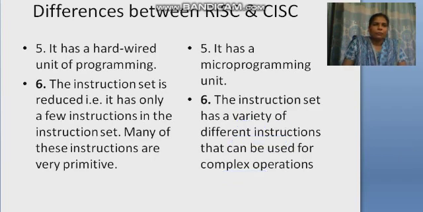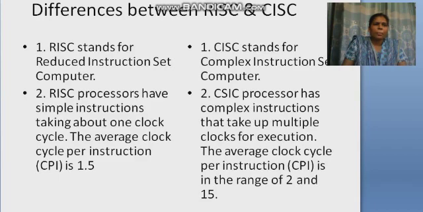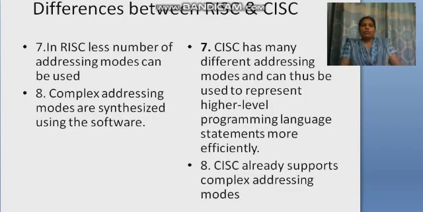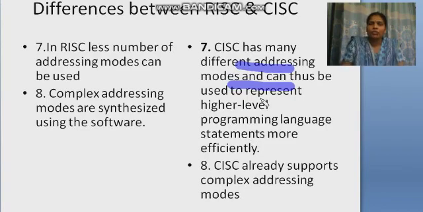Now, RISC has a smaller number of addressing modes for addressing whatever instructions it is carrying, since it depends on external hardware. Very few addressing modes are there with the RISC architecture. But CISC has its own memory unit, so it can use different addressing modes for collecting data from the memory.